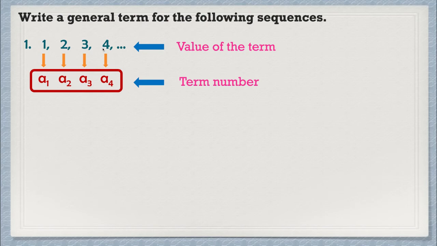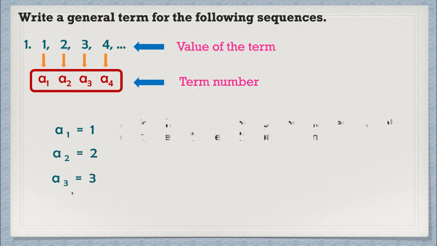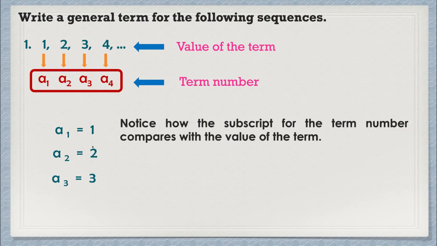So take note, these are the values of the term and these are the term numbers or the position of these values. So here we're given a sub 1 equals 1, a sub 2 equals 2, a sub 3 equals 3, and a sub 4 equals 4. Okay, but we can just use the first three terms here.